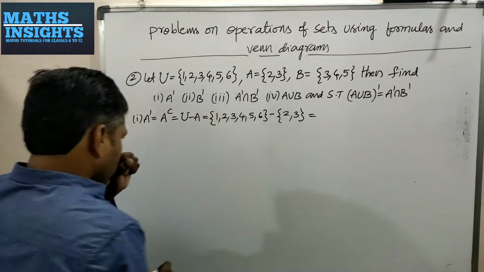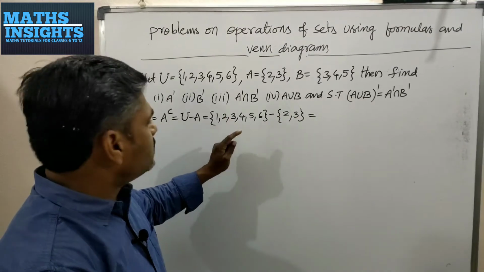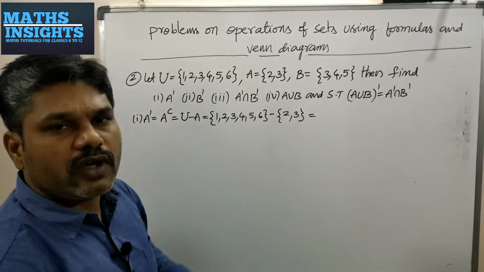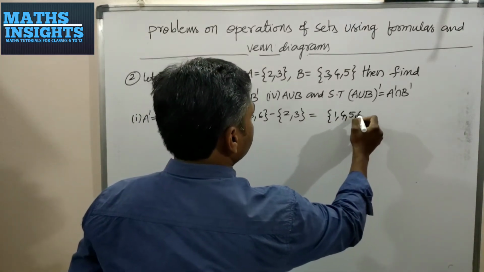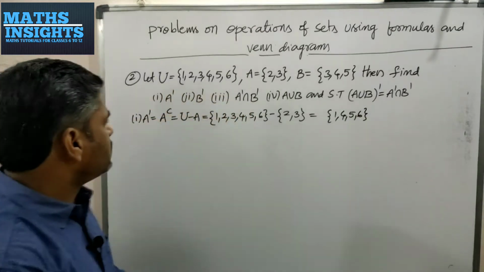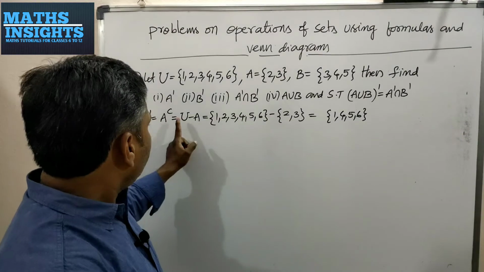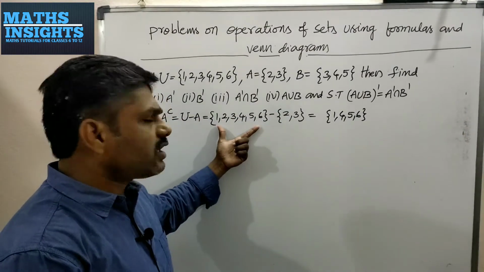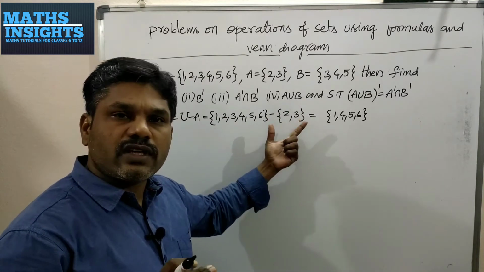If you remove this 2, 3 from the universal set, there will be the elements 1, 4, 5, 6. I am writing 1, 4, 5, 6. This is the set which represents A dash. Some students are confused: if U minus A means subtraction, you have to write the remaining elements from the first set only, not from the second set.